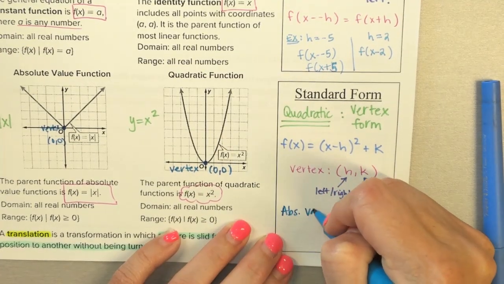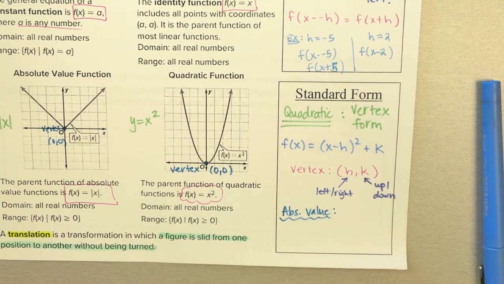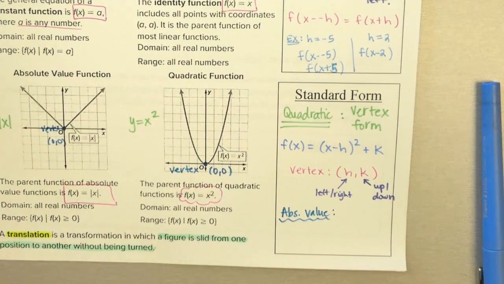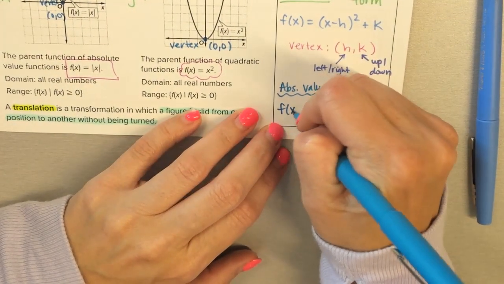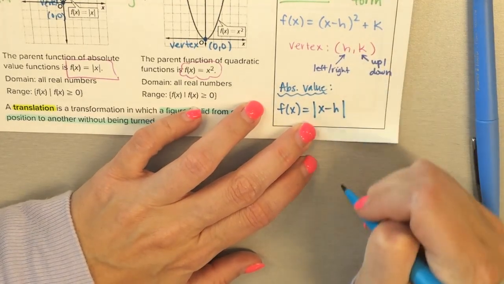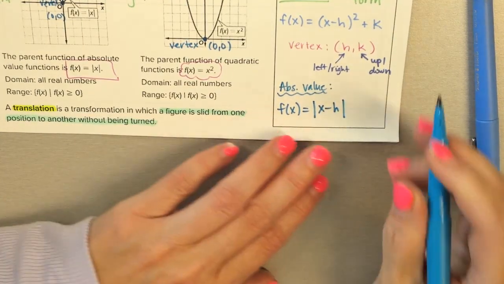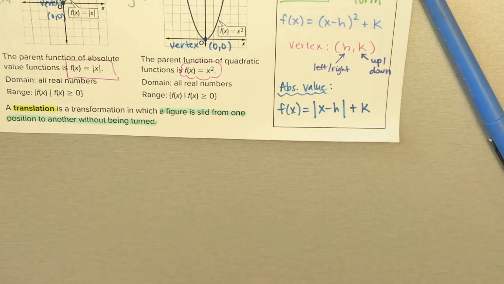So for the absolute value, it's very similar to the quadratic. Okay, it's f of x equals the absolute value of x minus h inside the absolute value, and then on the outside of the absolute value is plus k.